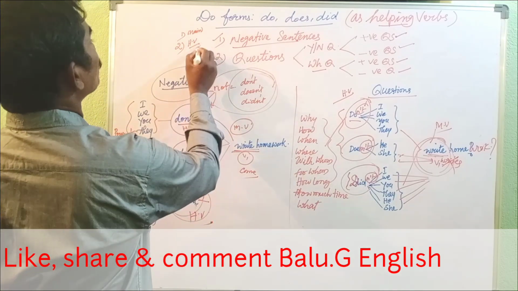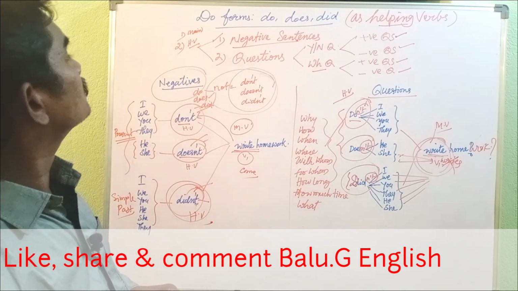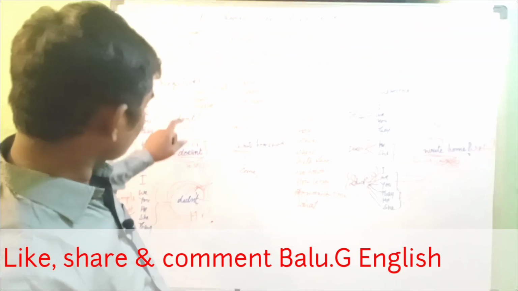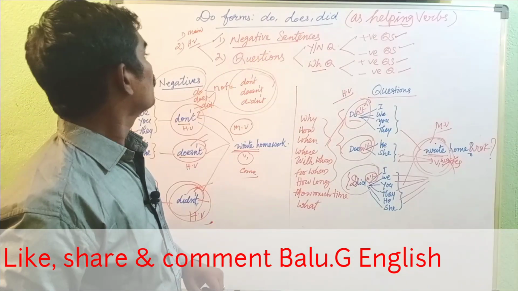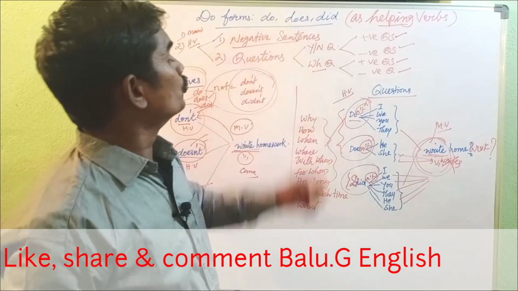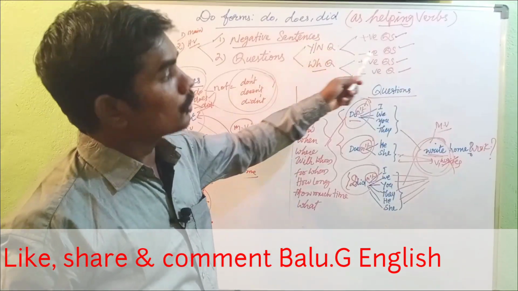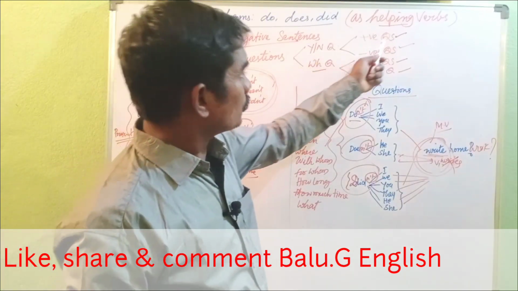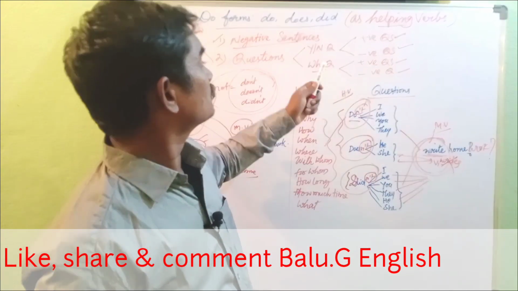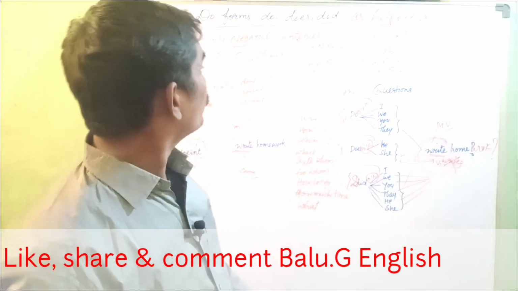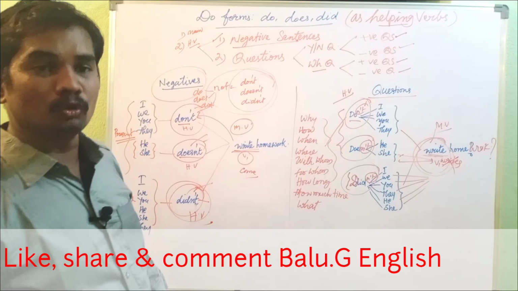This helping verb we can use in two ways. One is to make negative sentences, we use these do forms as helping verbs, and we make questions with do forms. Yes or no type questions we can make, WH questions we can make, positive and negative questions we can make. In this way we can use these do forms.